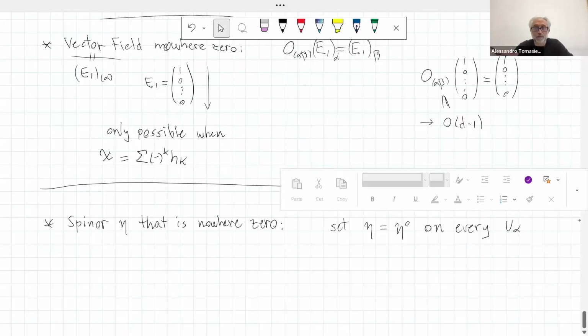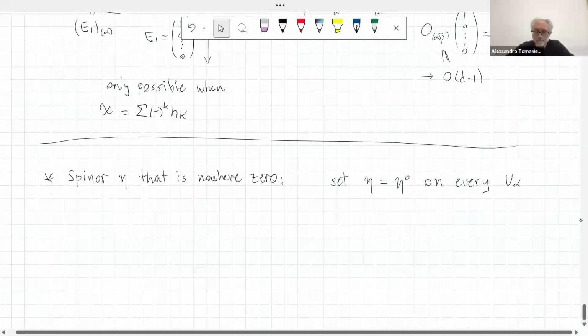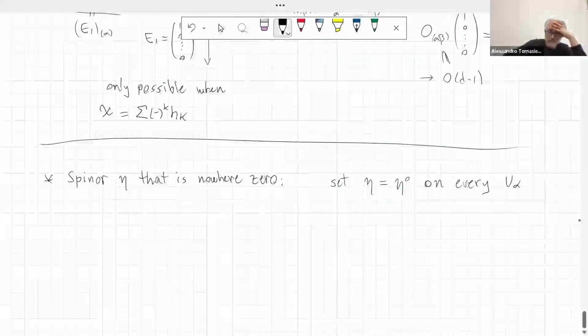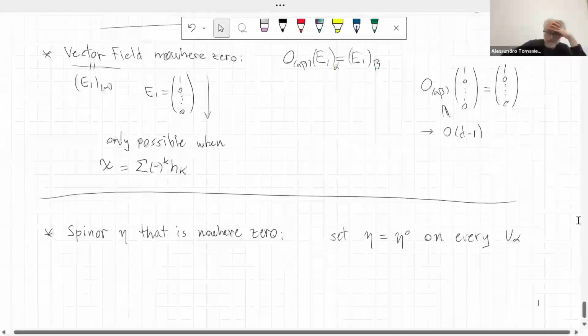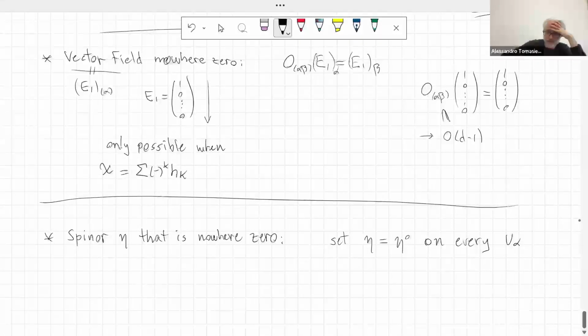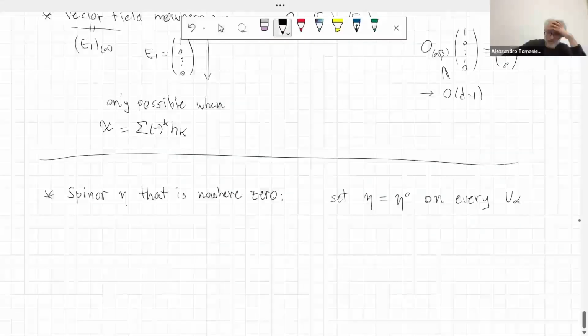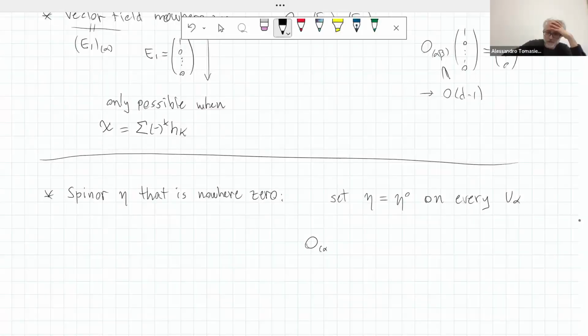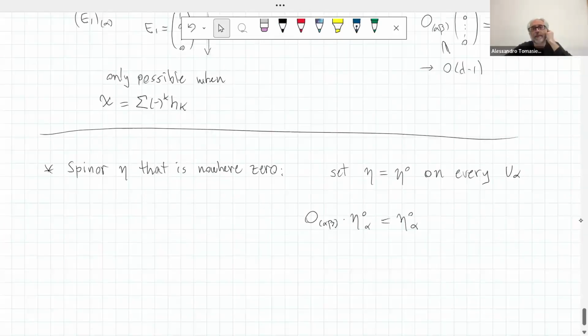This is what we are doing also in the previous cases. And now, what you want to write is exactly the analog of this. So you need to talk about the action of this O on eta, but remember that this action is not trivial.